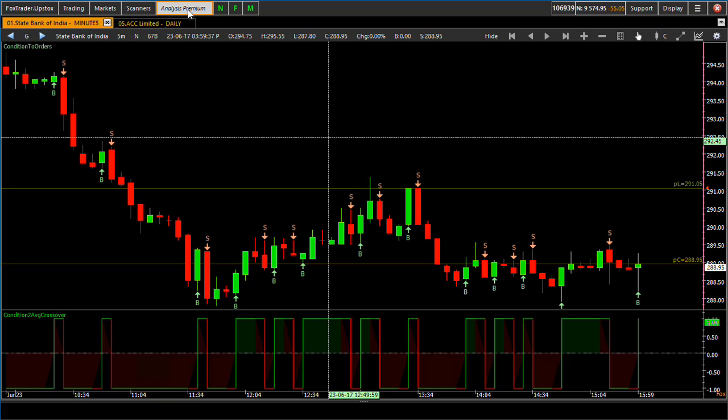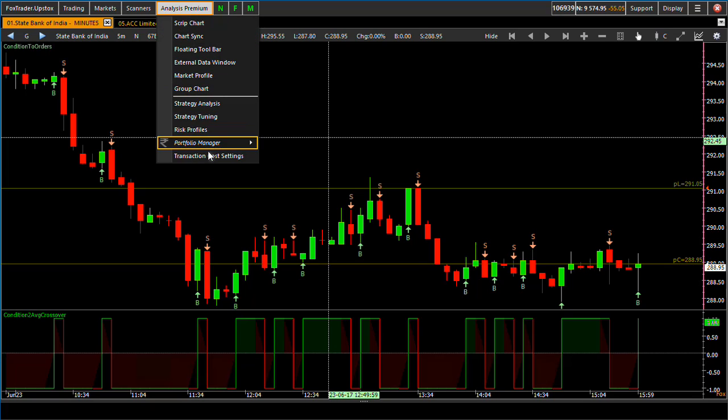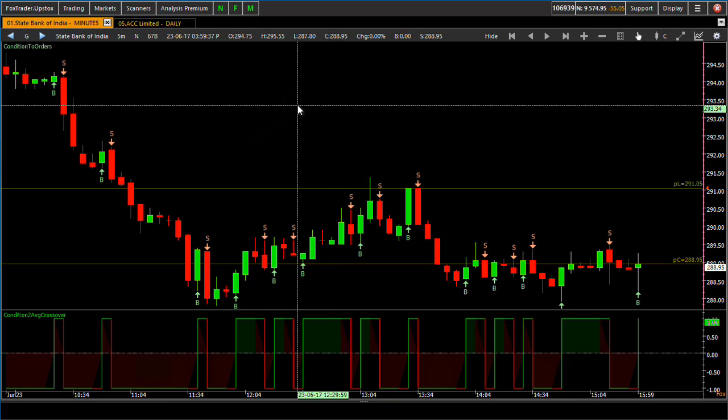Now when you are getting the profitability, you should look at the transaction cost settings here to check if you have included the necessary costs. Thereafter, if you're getting good profitability in that particular script, go ahead and run it on a group of stocks using group scanner. Look at the group profitability of your strategy. If you find that to be good, then you can execute it.